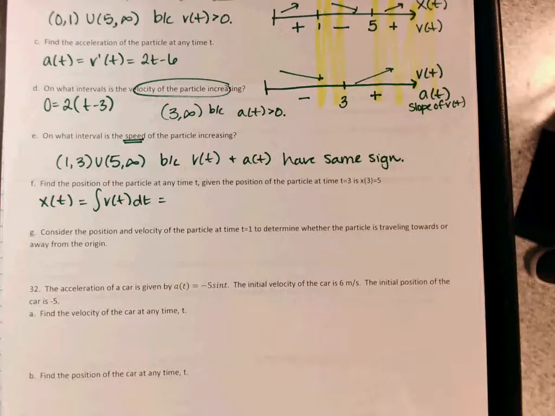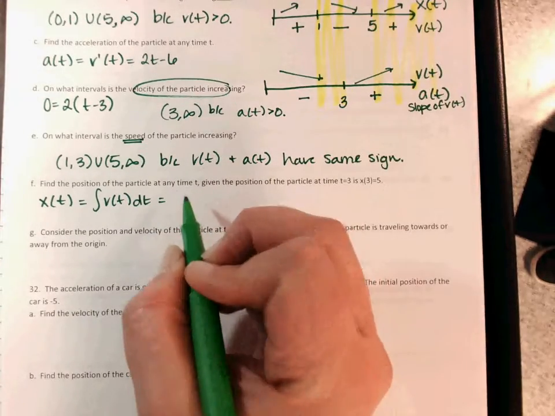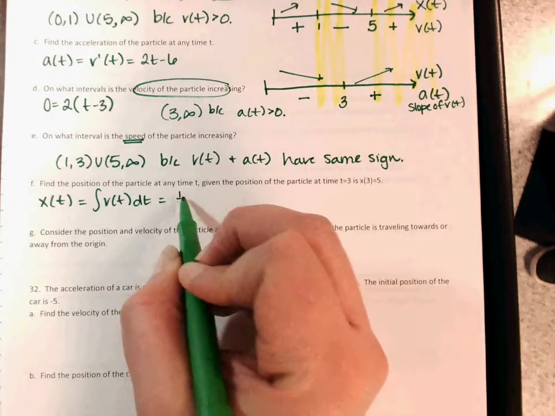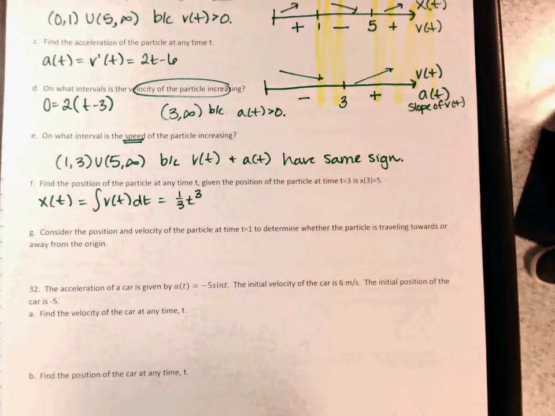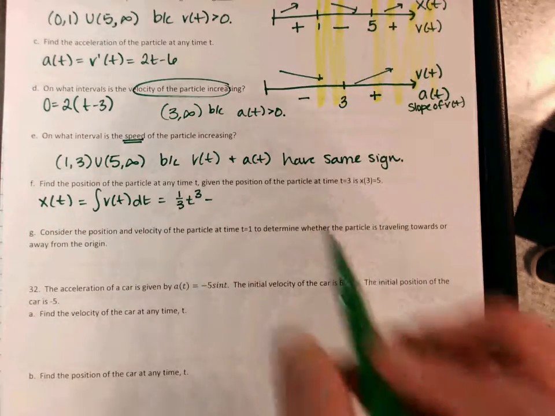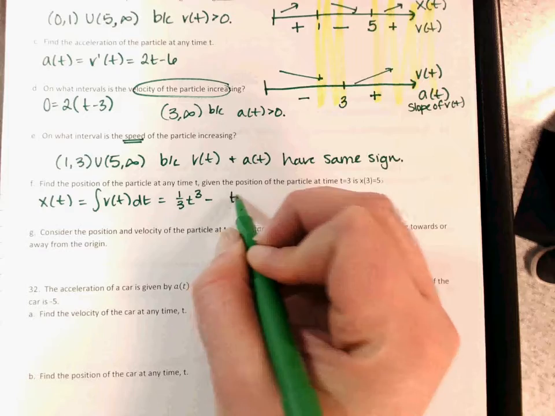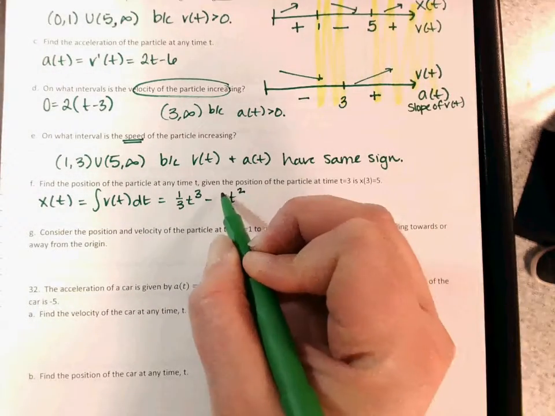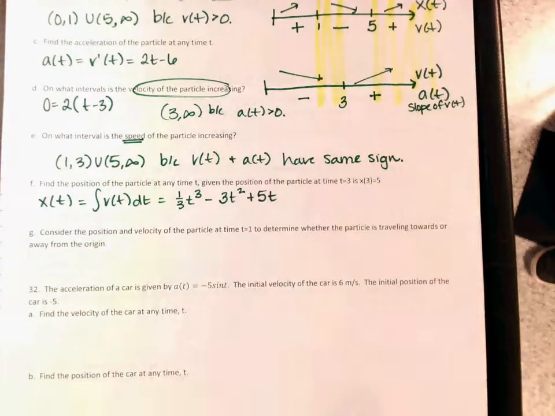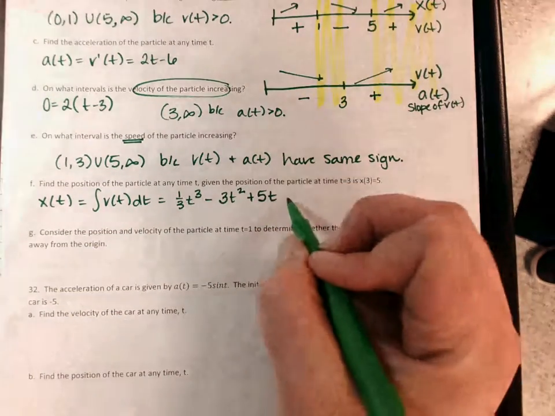What's the antiderivative of that? 1/3 t cubed. Next term was a minus 6t. That's going to turn into a what? T squared with divide the 2 on the 6. Now it's a 3. Antiderivative of 5 is 5t plus what?